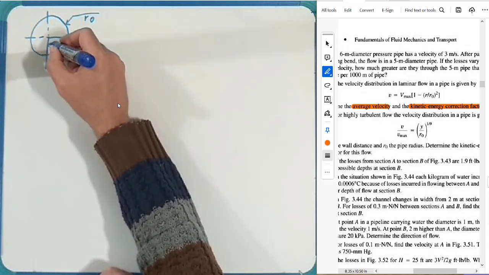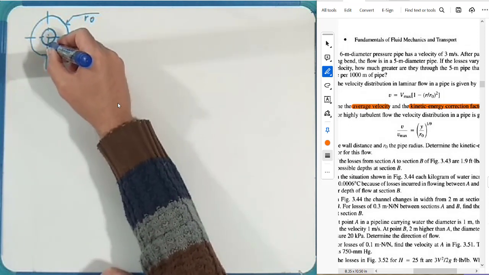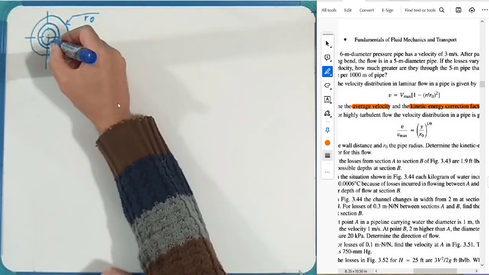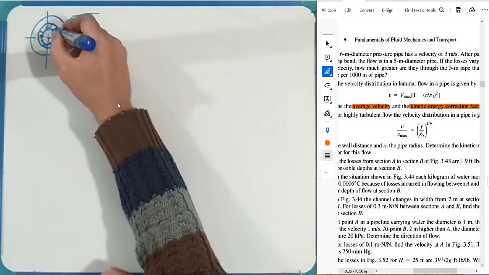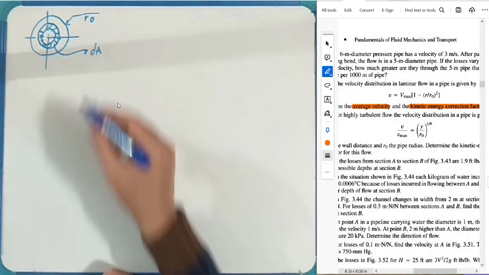and I have to choose an element in this circle. The area of this element is dA, differential of area.